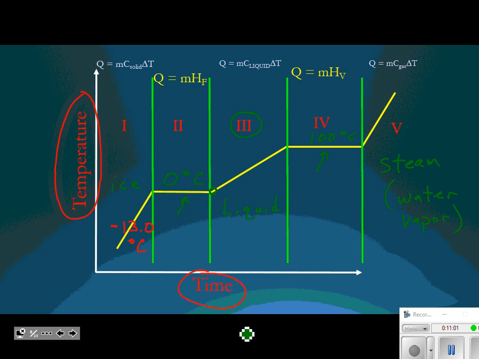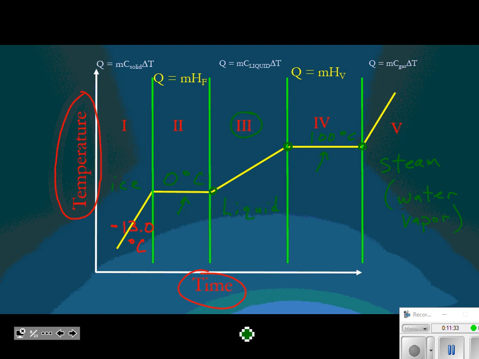Now, when I get to be right here, okay, that is when I start to change from a liquid to a gas. That's at 100 degrees Celsius. So what is over here? Once I start going up, what's that temperature going to be? Over 100, right? That's going to be greater than 100.